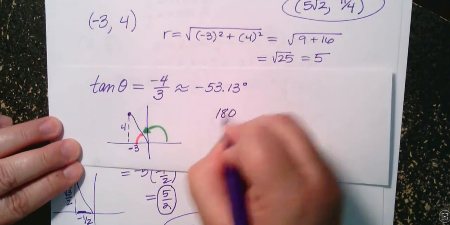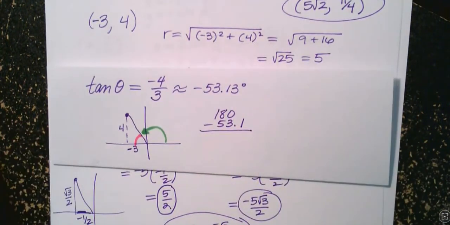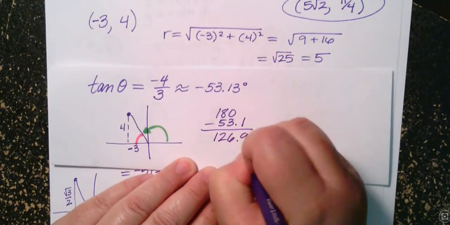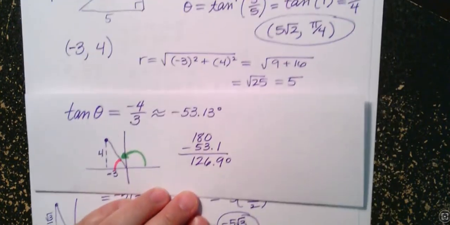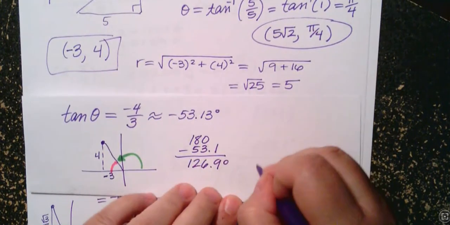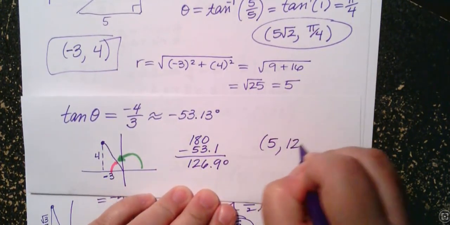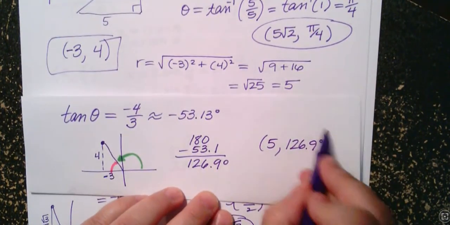So 180 minus 53 point, I'm going to go to 1, and I get 126.9 degrees, and that's my location. So my polar coordinates for the point negative 3, 4 are 5, that's my r, and 126.9 for my theta. And there's my answer.